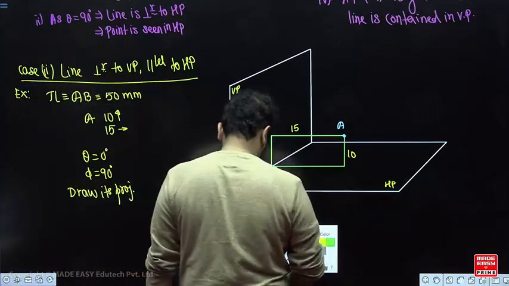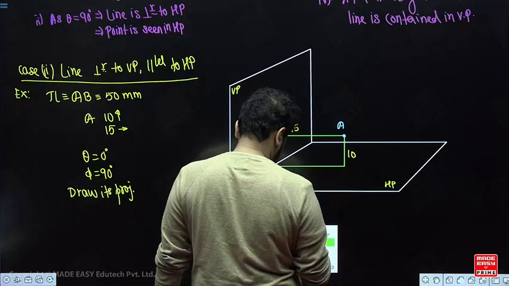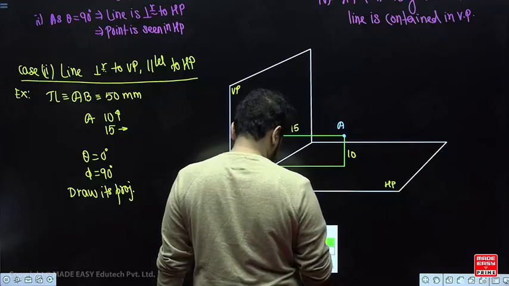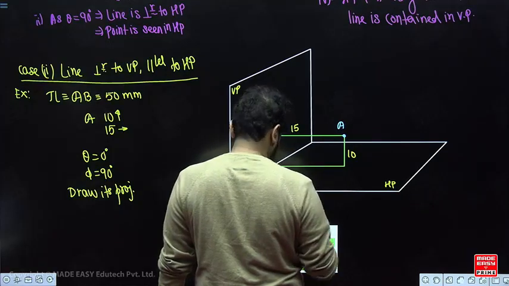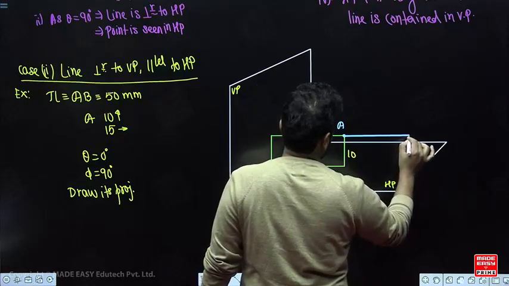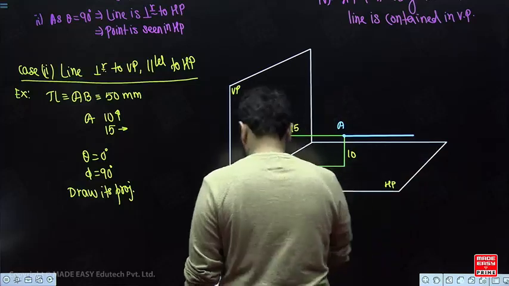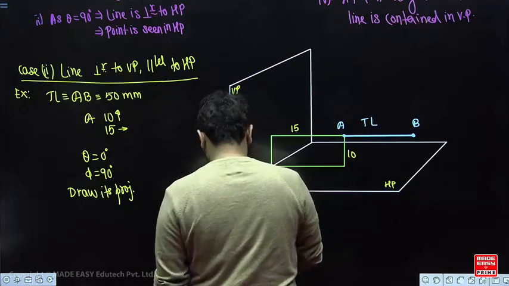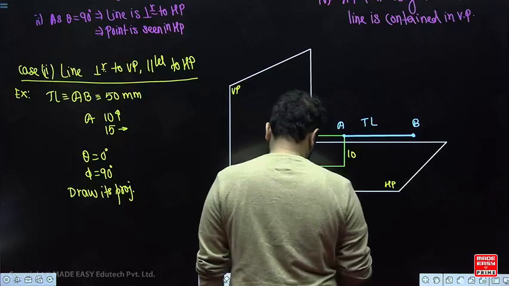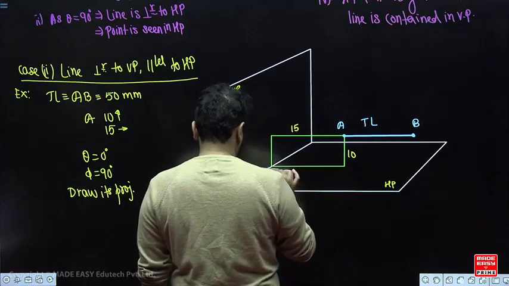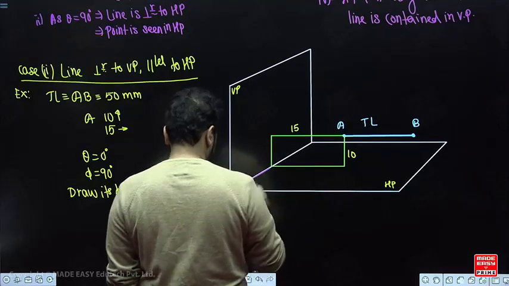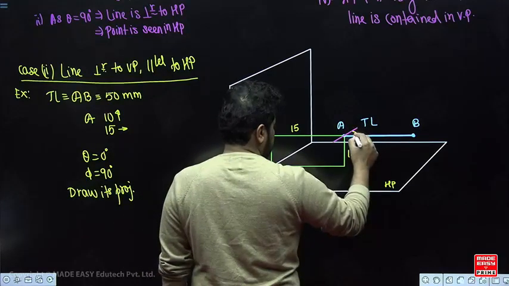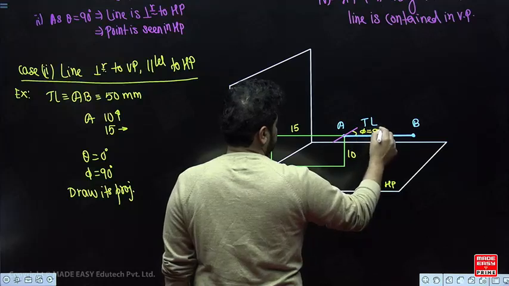Now B point true length, correct? This angle is phi, 90 degree.